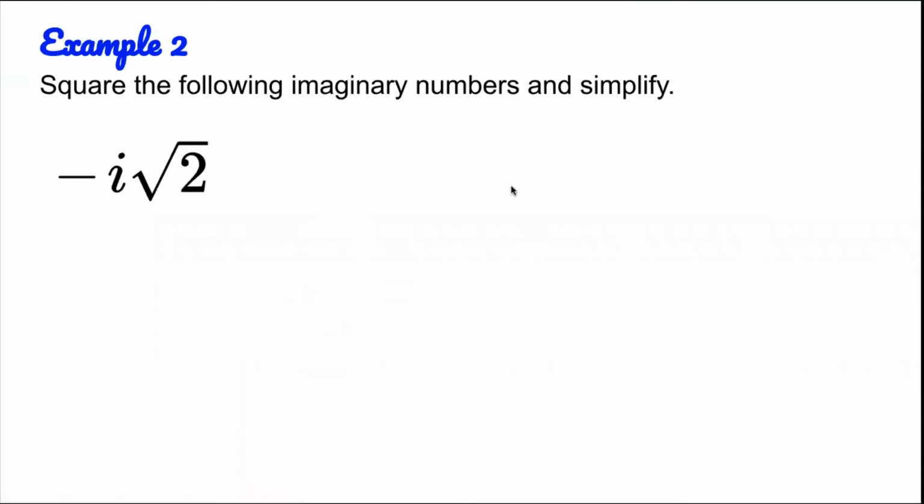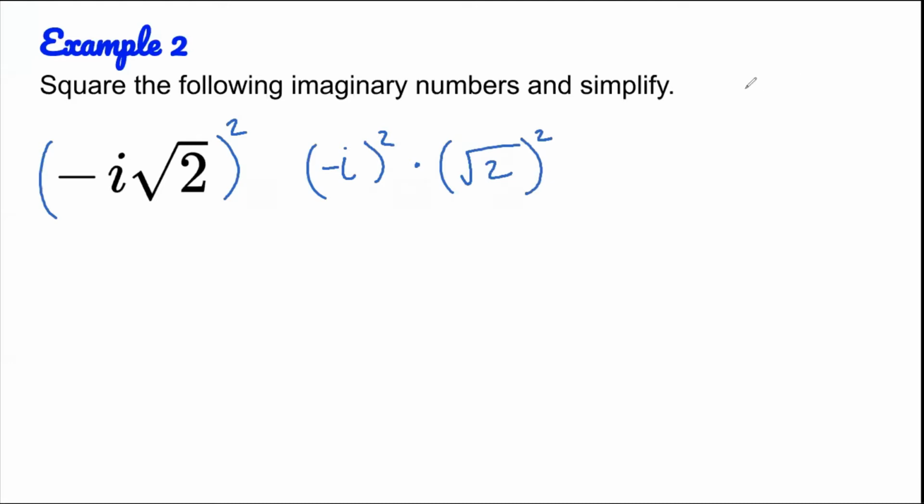Now we have -i squared and the square root of 2 squared. It says right here to square the following numbers and simplify. So let's do that. Let me separate. I have -i squared times the square root of 2 squared. Remember that i equals the square root of -1, and i squared equals -1, sorry.